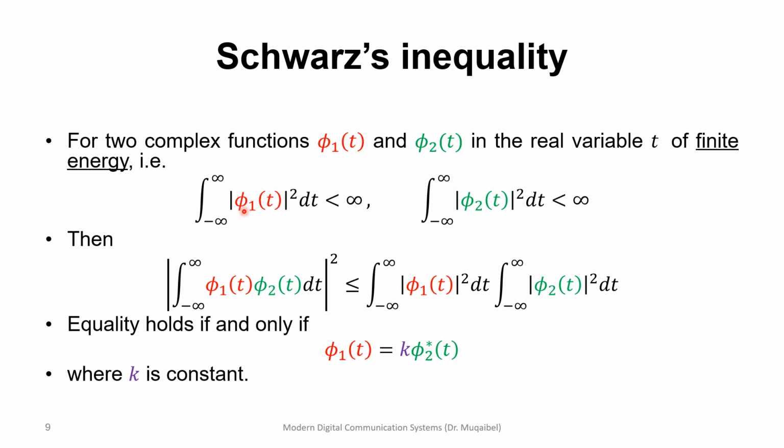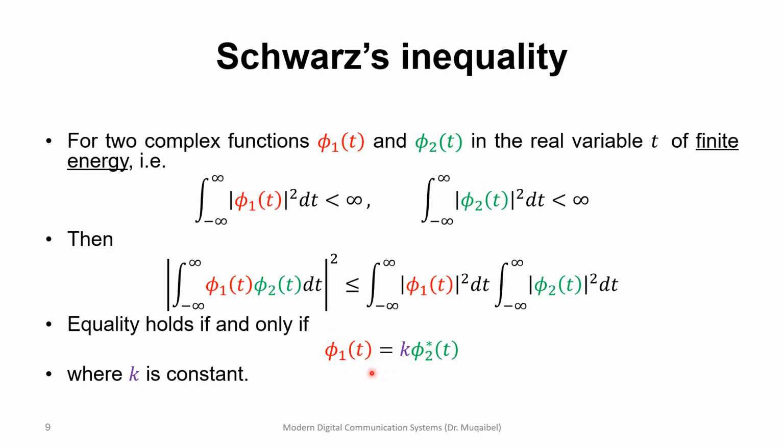So if that's the case, according to Schwarz inequality, you can take the square of the integration of the product, and you can split it into the individual integrations. And the left-hand side will always be less than or equal to the following right-hand side. It's going to hold with equality if one of the functions is the complex conjugate of the other one, of course, up to a scaling factor.